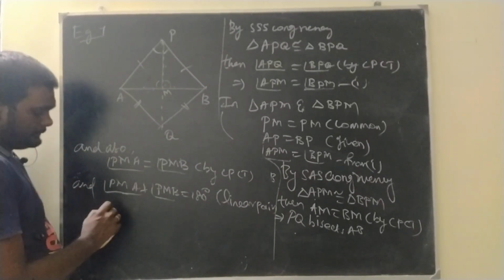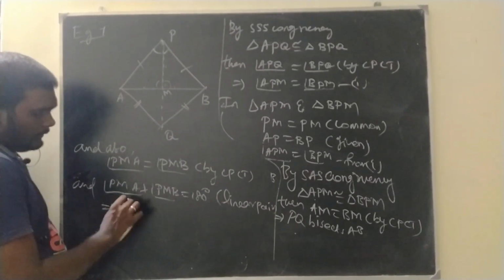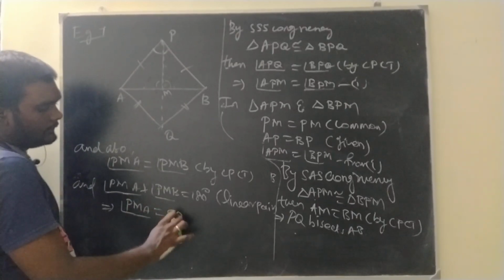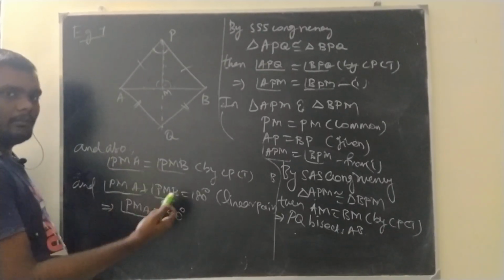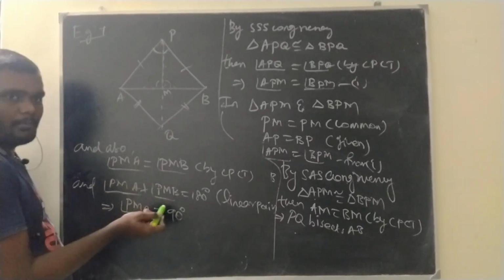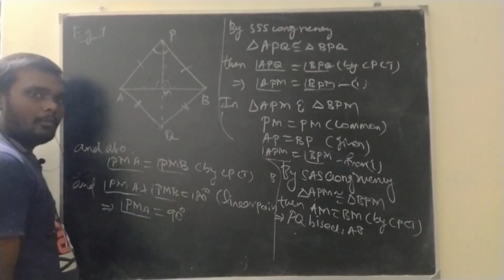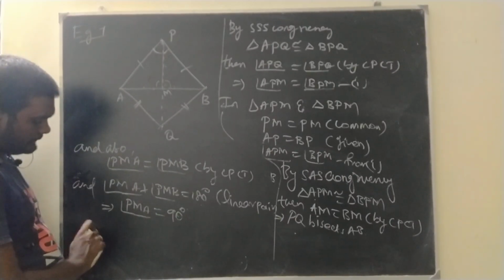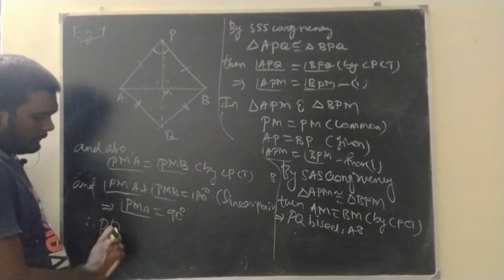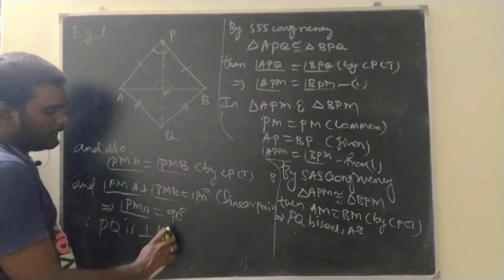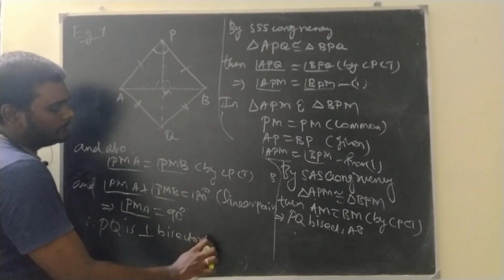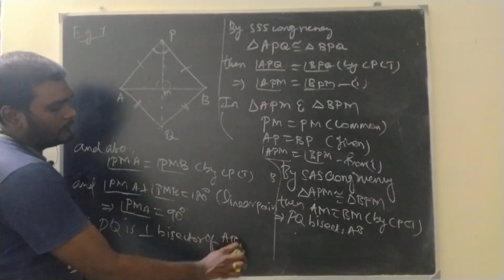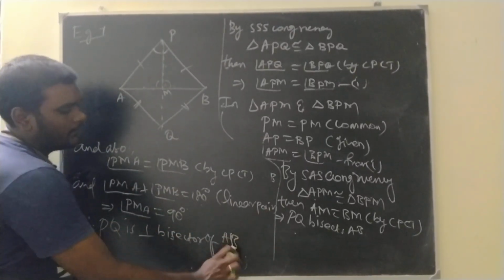So therefore angle PMA equals 90 degrees, because either one will do. Instead of PMB I am substituting PMA. 2 times PMA is 180 degrees, then angle PMA is 90 degrees. That makes PQ the perpendicular bisector of AB. That is it.